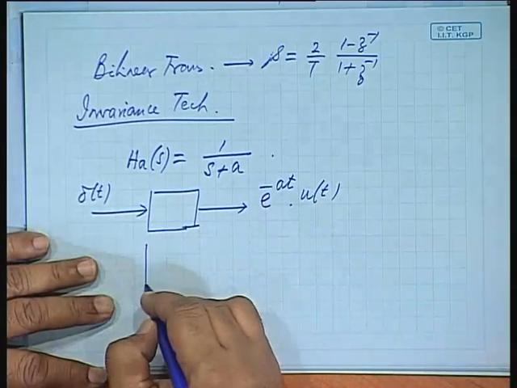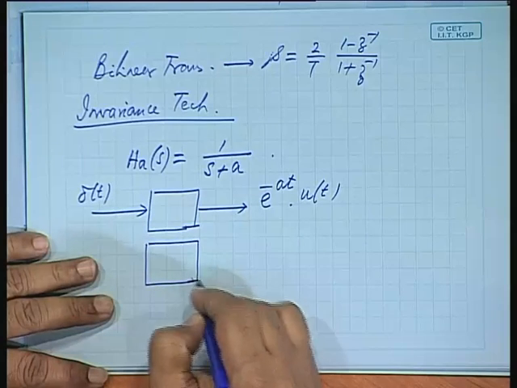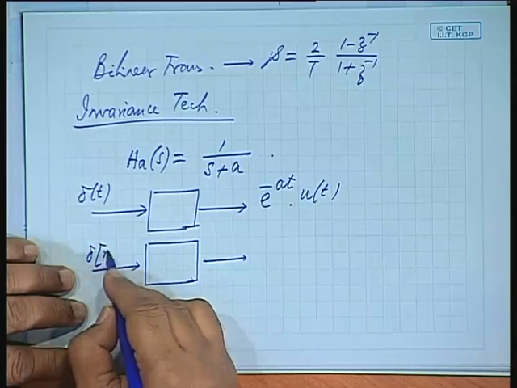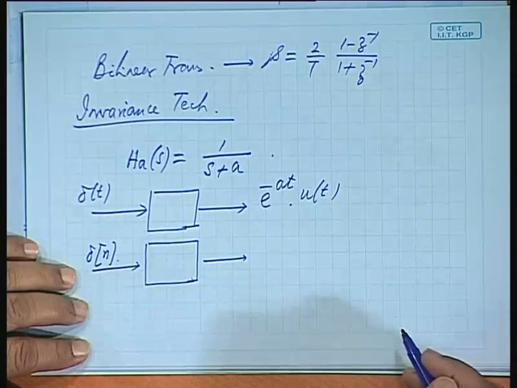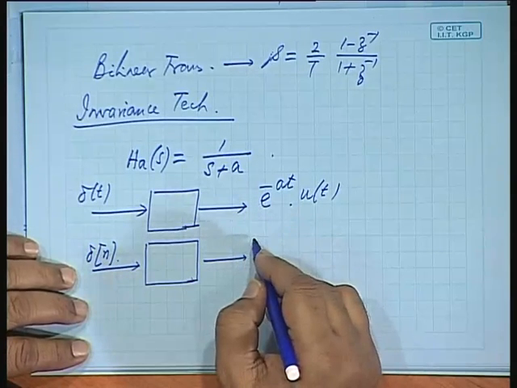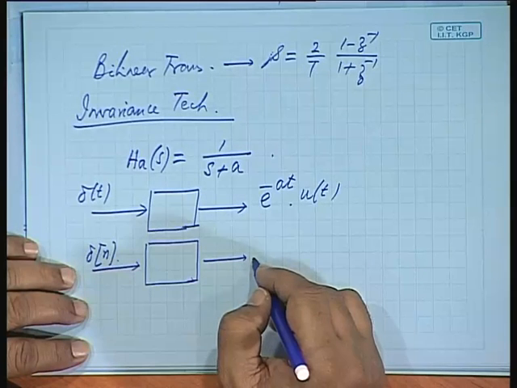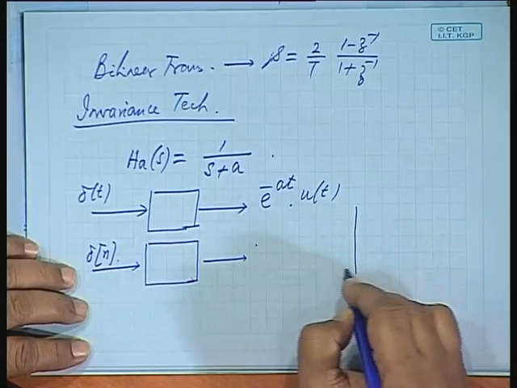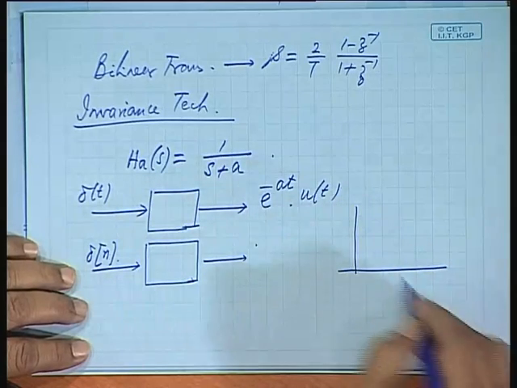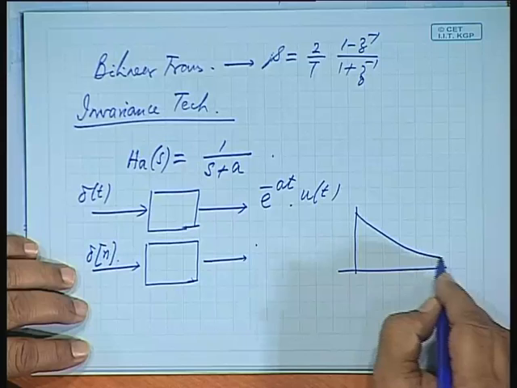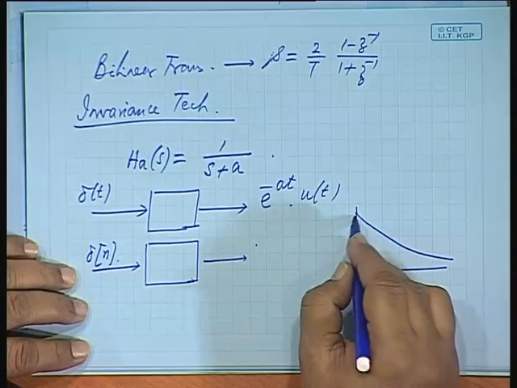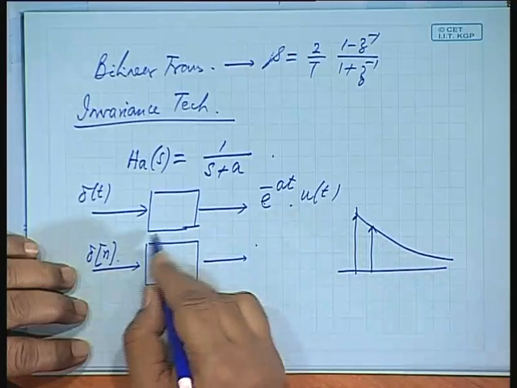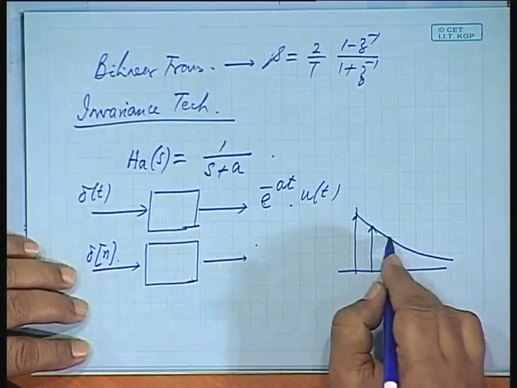So we now take it in the discrete domain. Given an impulse discrete function delta n, I should get a response which will be a discrete version of this. That means the analog response is e to the power minus at u(t), and I should get with this model a discrete version of this.